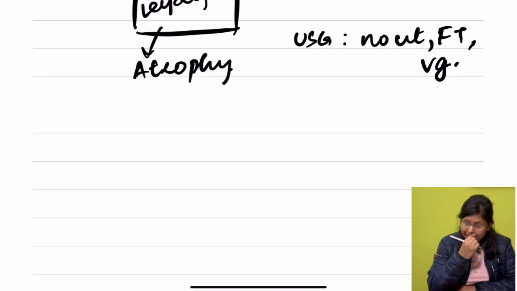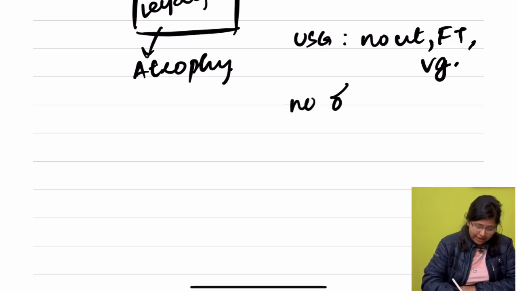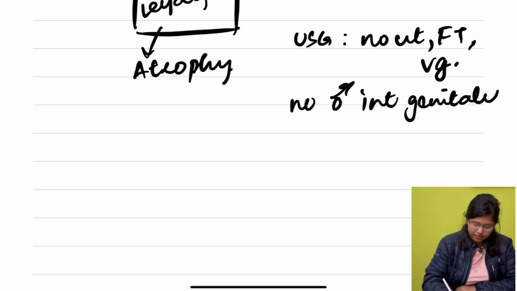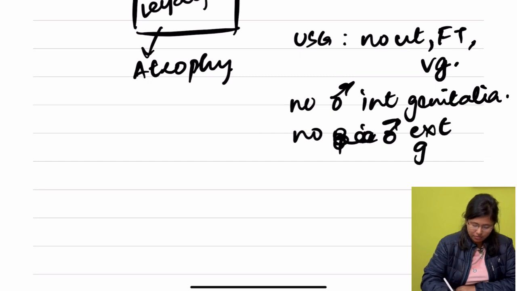And there will be a labial swelling which suggests that there is testes. But because there is no testosterone, there is no male internal genitalia, and because there is no DHT, there will be no male external genitalia.